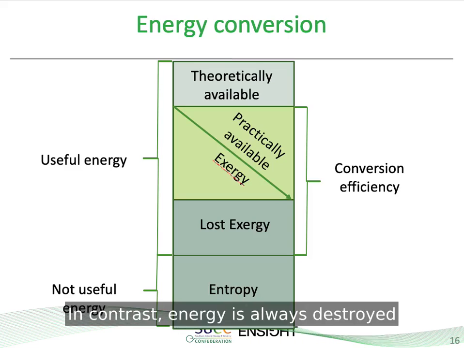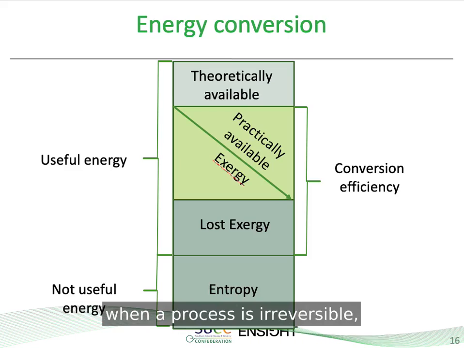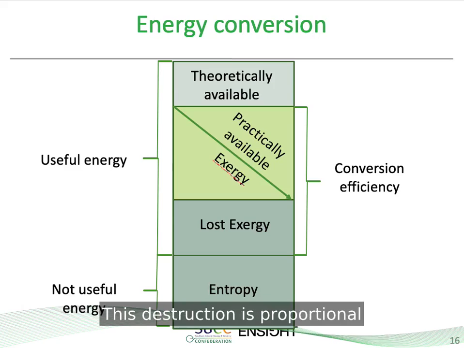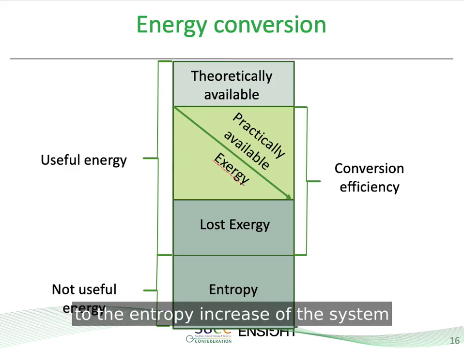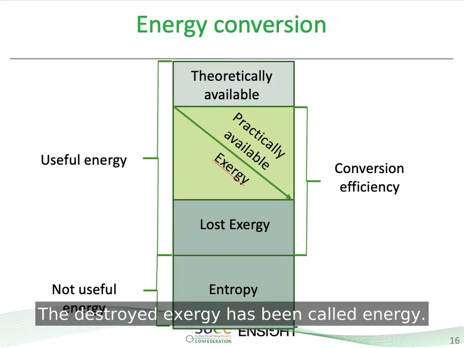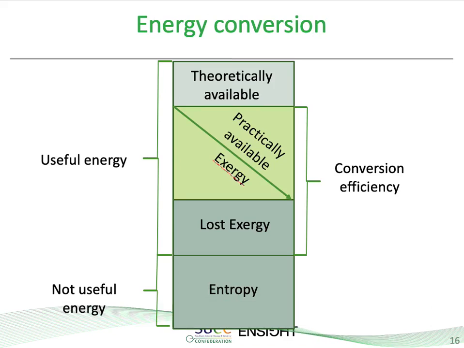In contrast, exergy is always destroyed when a process is irreversible, for example, the loss of heat to the environment. This destruction is proportional to the entropy increase of the system together with its surroundings. The destroyed exergy has been called anergy.